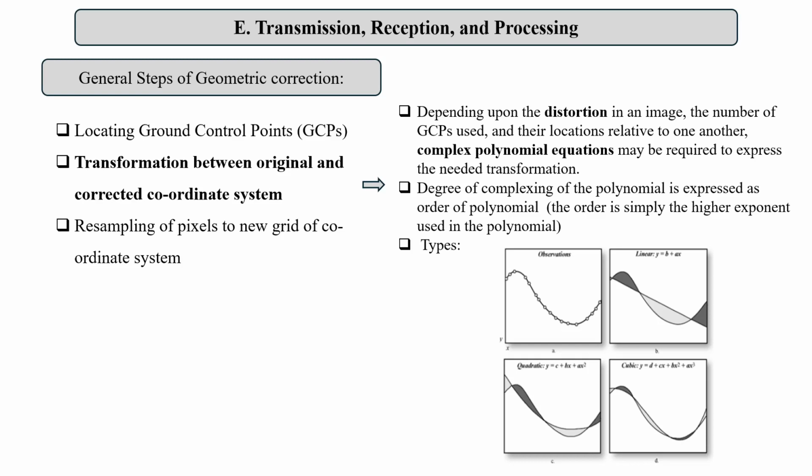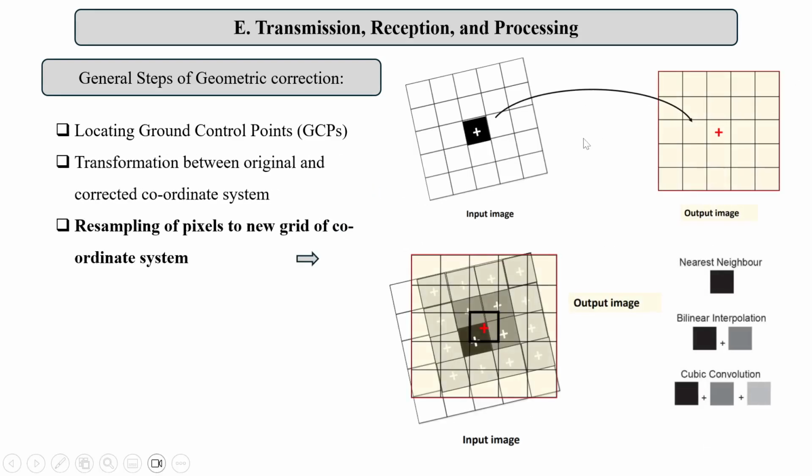Then this input image is retransformed into the output image. Now the coordinates are changed, but we also need to assign the DN values. So for that, resampling is done. It is basically assigning the DN values to the new output image.